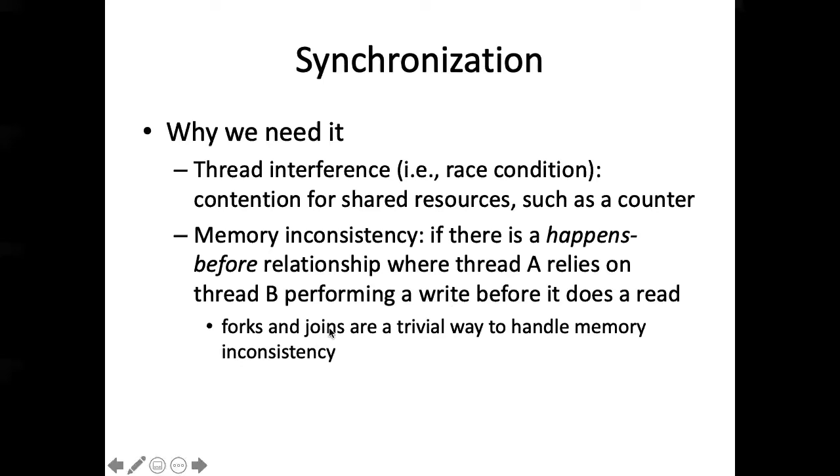Fork, which is forking off a new thread or new process, well, we'll call it a new thread, is another way of doing that. You might not start A until B has finished. So basically, you could also delay forking the A thread until B did its write.